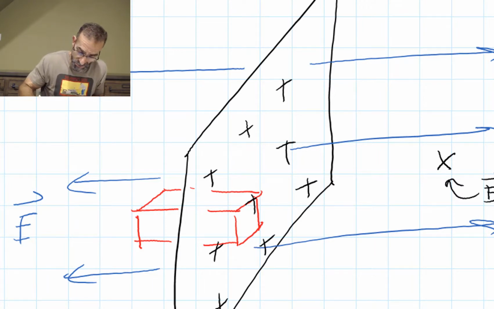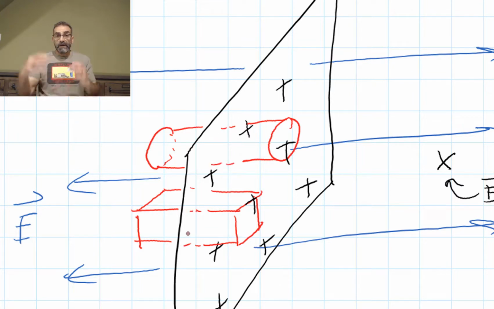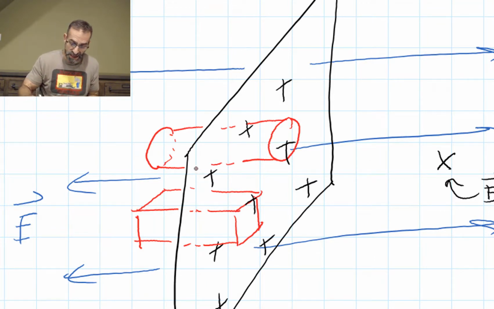So we would want to put our Gaussian cylinder oriented along the electric field lines. Either one of these shapes would work as our Gaussian surface. I'm going to use the cylinder.